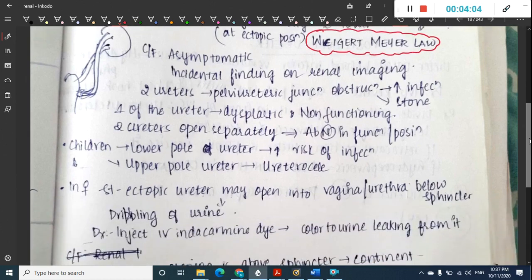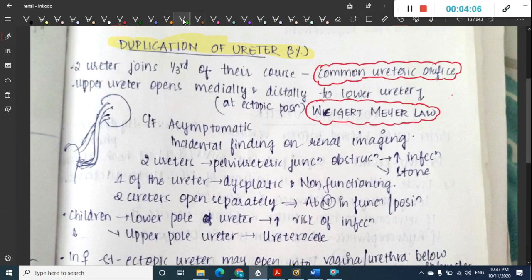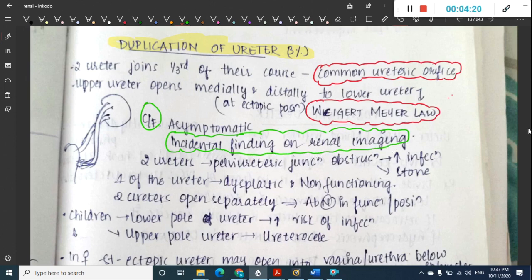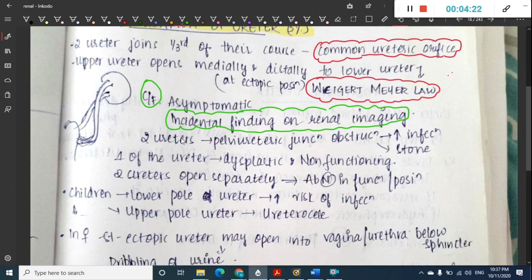Then if you see the clinical features, here this is asymptomatic, and it is most commonly seen as an incidental finding on renal imaging. So here we have two ureters, right? Because there are two ureters, there can be increased chances of pelvic-ureteric obstruction, and thus increased chances of infection and stone.